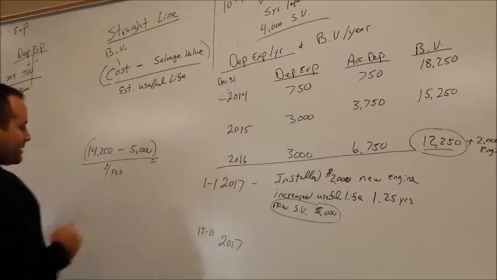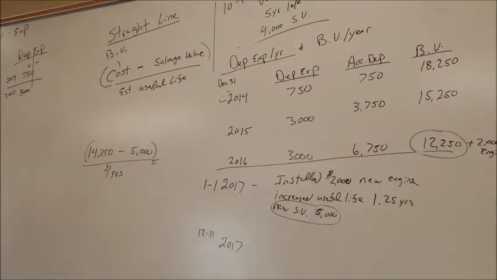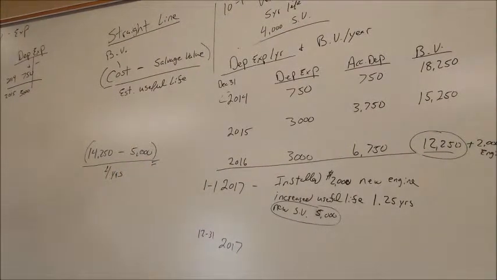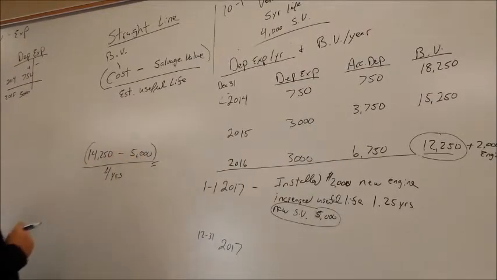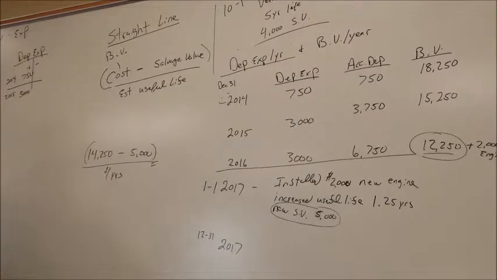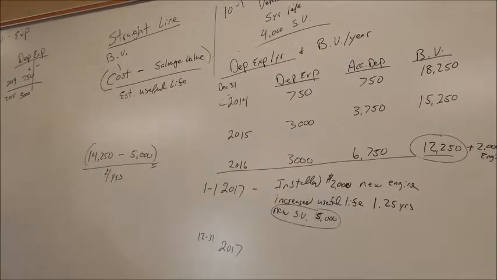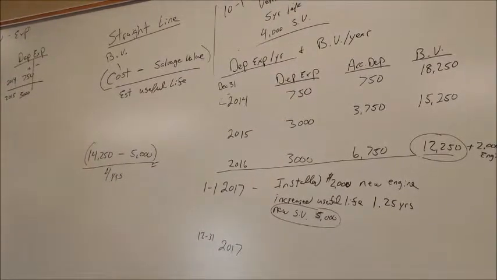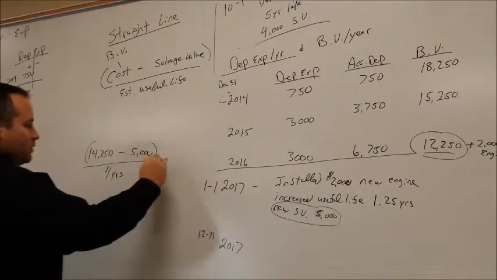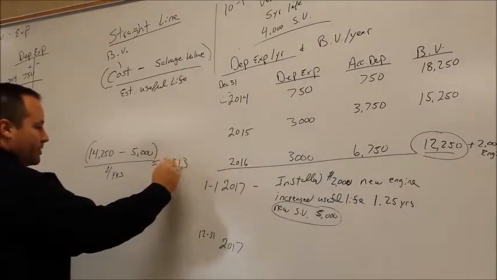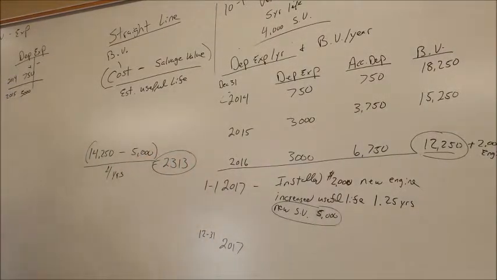Now this isn't going to come out to anything nice and neat. But somebody do this. What's that? 9250 over 4. What's that come out to be? $23.12. 23, okay, we'll just round to the nearest dollar. 23.13.